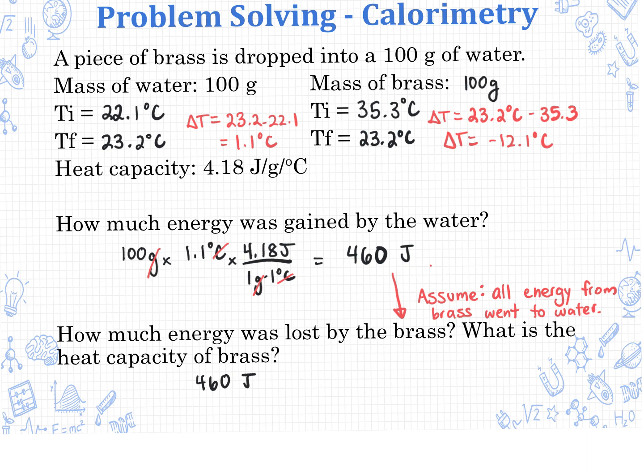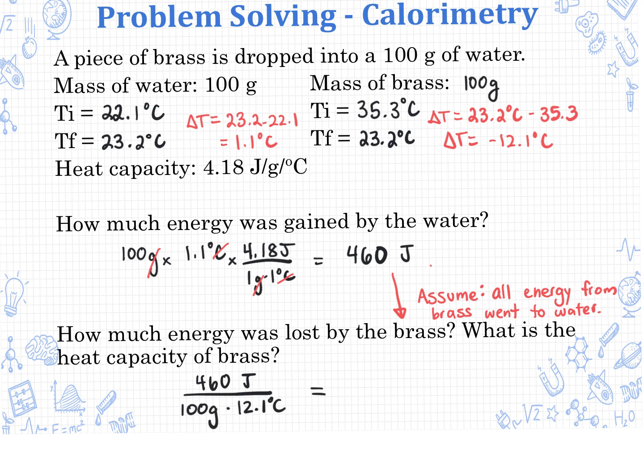The heat capacity is always the number of joules it takes for 1 gram to go up 1 degree Celsius. Well, 460 joules were transferred. However, that was for 100 grams of brass, and the temperature change associated with that was 12.1 degrees Celsius.